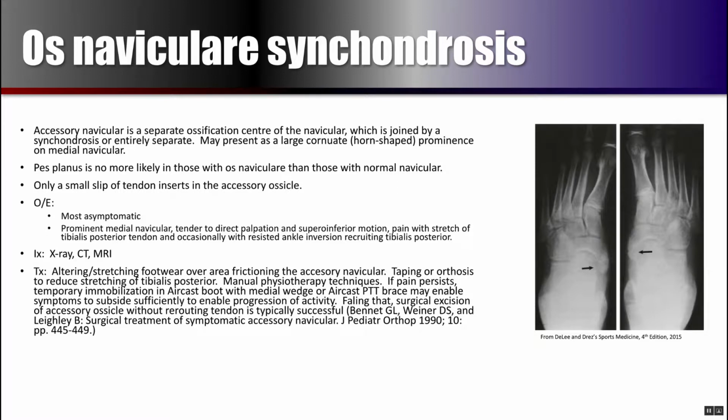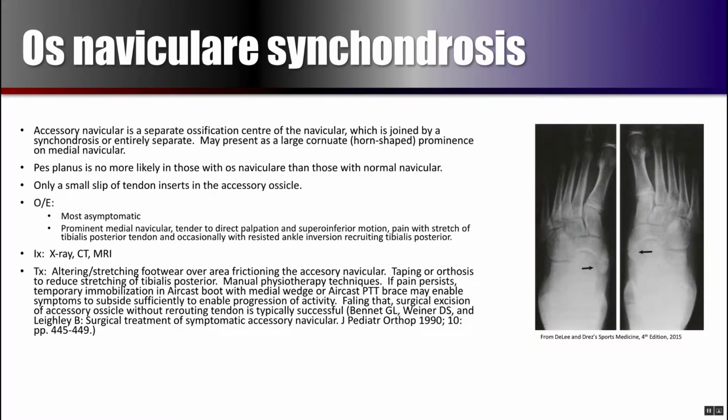Os naviculare, or an accessory navicular, is a separate ossification center of the navicular. It's joined to the native navicular through synchondrosis, or it's entirely separate. The images on the right show a large cornuate, horn-shaped prominence on the medial navicular, which is how some of these os naviculares present.